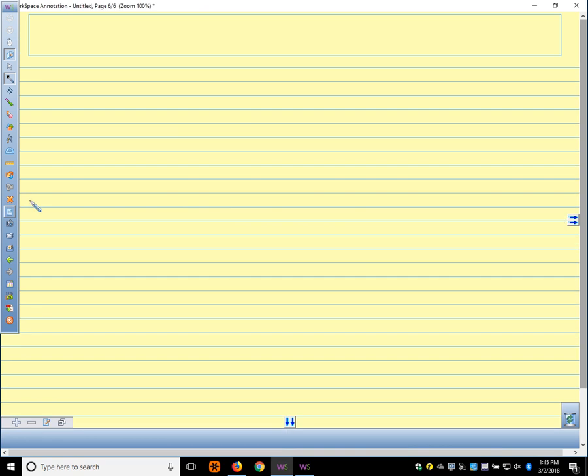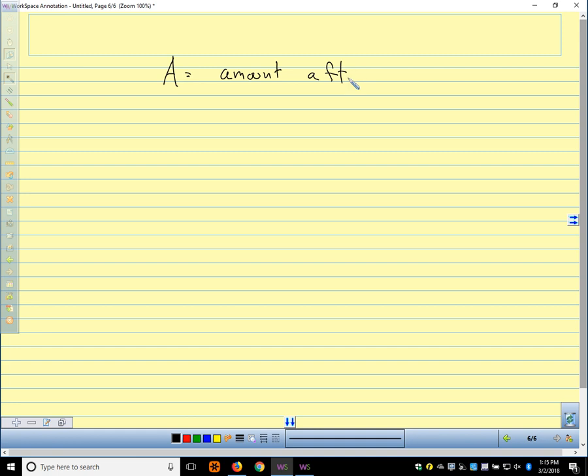So in this case, we're going to say that A equals the amount after t years. So we're going to measure our time in years. P is the principal. R, in this case, is the annual interest rate.